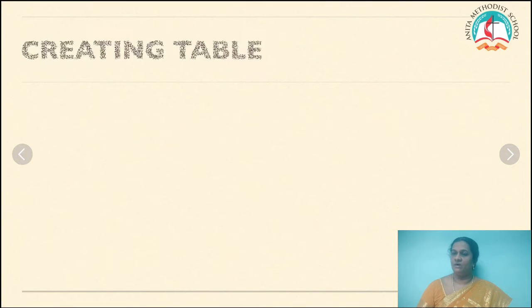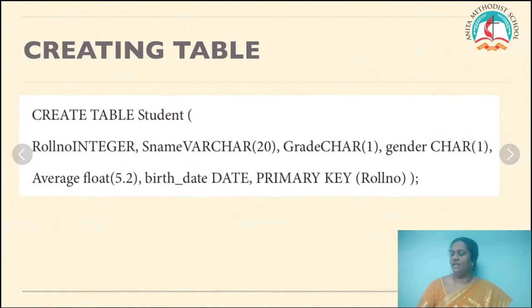Now next we are going to see about creating table. So how are we going to create a table? Create table student. The name of the table is student. And what are the values you are giving here? Roll number is of data type integer. Name is character. Grade is character. Gender is character.